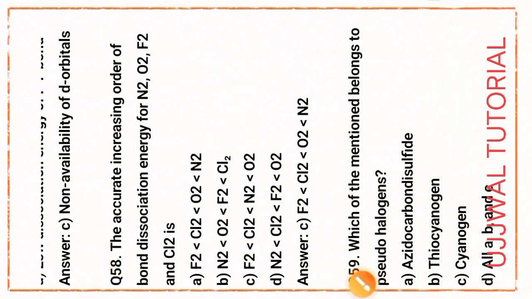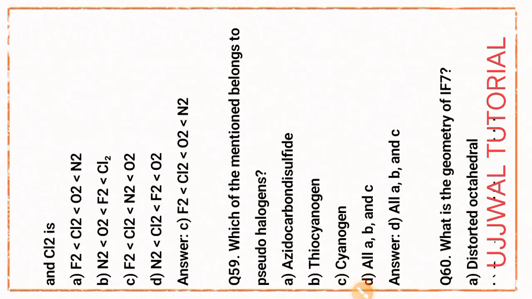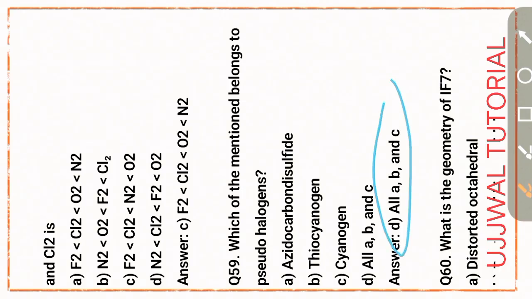Next question. Question number 59. Which of the mentioned belongs to pseudohalogen? Option A, B, C. That is azide, carbon disulfide, cyanogen. That is option D is the right answer.